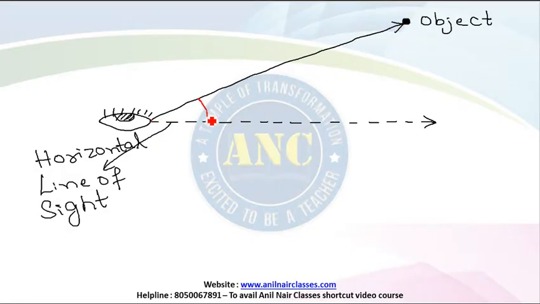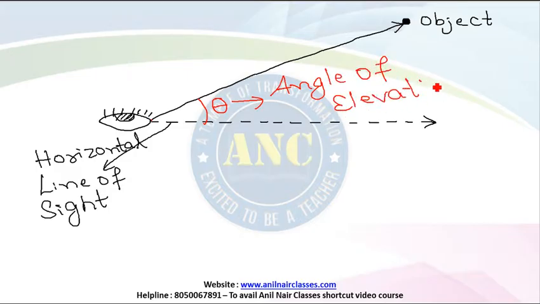The angle made between the horizontal line of sight and the line of sight upward towards the object is called the angle of elevation. I am sure that you know the meaning of elevation. Elevation is nothing but moving upward. You might have gone in elevators in some malls; it is moving upward.